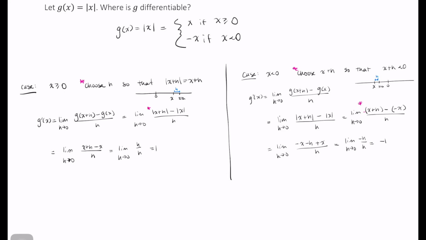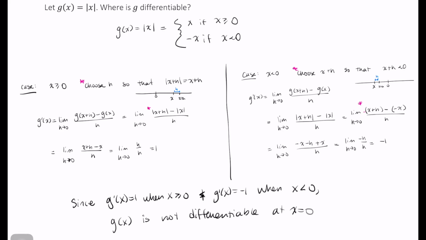Now, this tells me that g of x is not differentiable here at x equals 0 because its derivative is positive 1 when we're larger than 0, so here, and negative 1 when we're smaller than 0. Okay, so we know it's not differentiable at x equals 0. We've shown this using the limit definition.